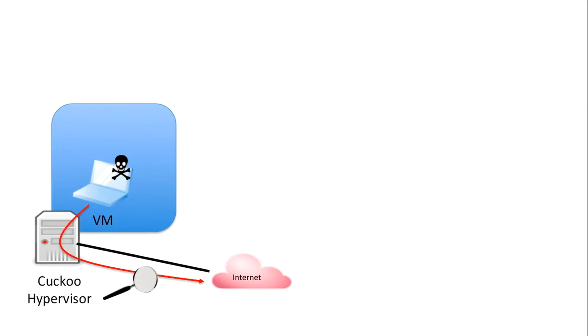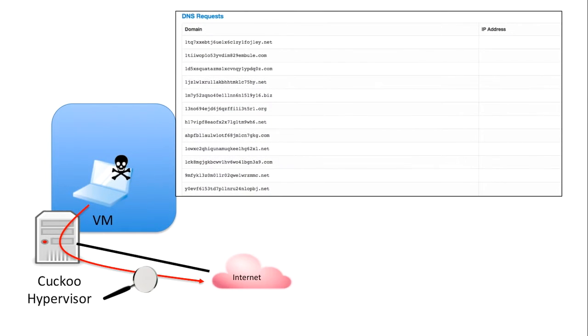This is an example of the workflow. In this case, we are running the Game Over Zeus malware in the sandbox. To connect to the botnet, the malware generates a DGA domain name to contact the botnet CNC server. The Cuckoo hypervisor observes and records every domain name query from the malware.